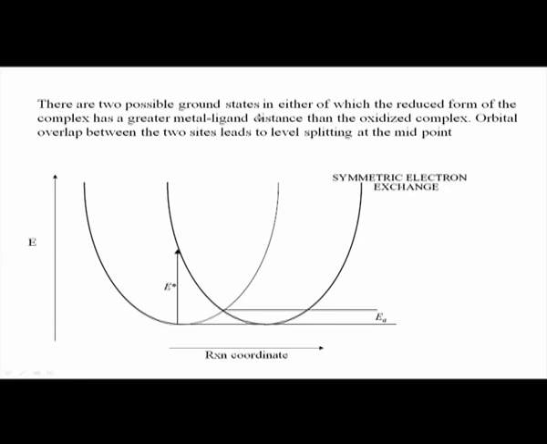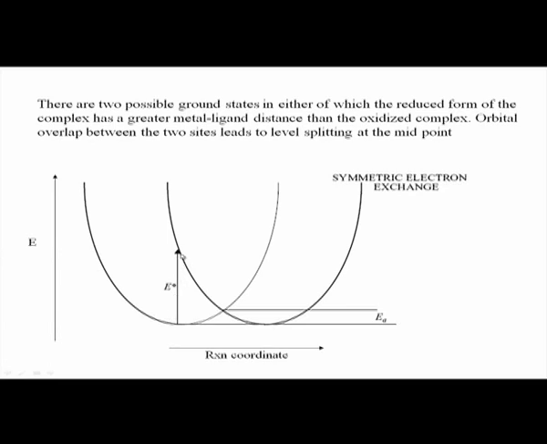There are two possible ground states, in either of which the reduced form of the complex has a greater metal ligand distance than the oxidized. The orbital overlap between these two states leads to level splitting at the midpoint. So, it is a case of symmetric electron transfer, and this is your energy of activation, E star.